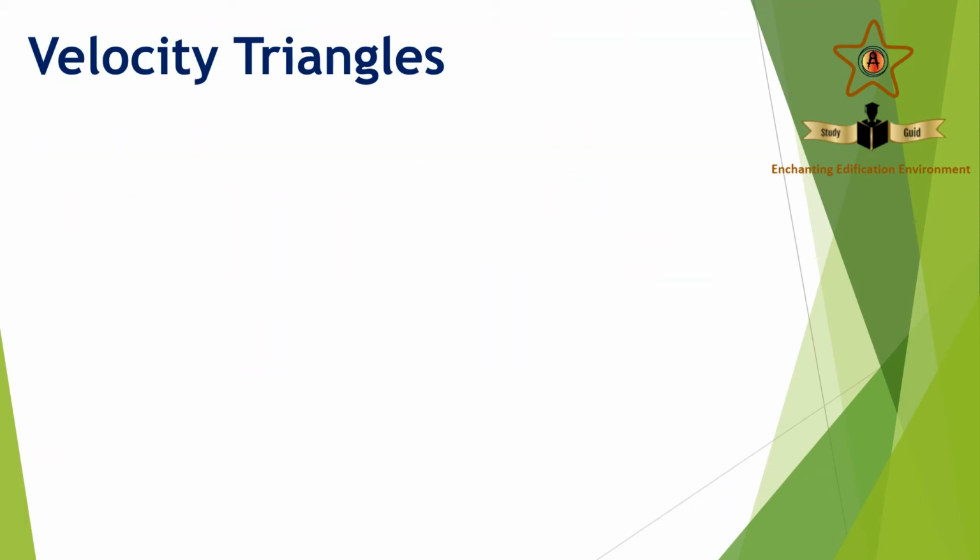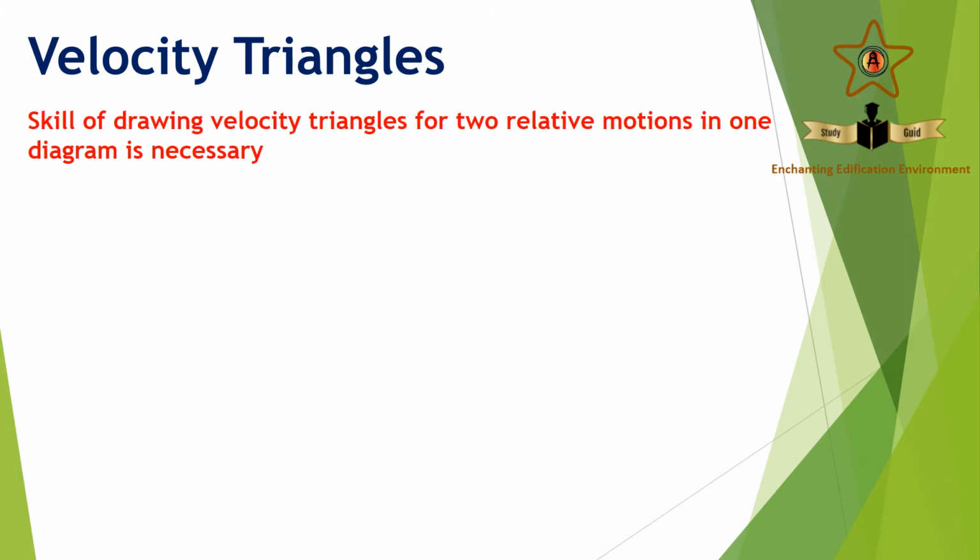We have drawn velocity triangles, but there's another skill, that is to draw velocity triangles of two relative motions in one diagram. This skill is questioned regularly in exams, so if you want to get 100 out of 100, it is very necessary to get this skill properly.